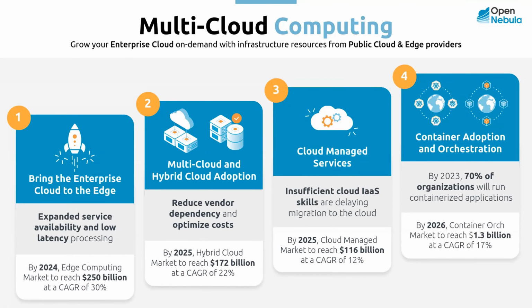Things like the gradual expansion of enterprise clouds to the public cloud first, and then to the edge environments. Adopting a multi-cloud approach and a hybrid cloud approach to make sure that the workloads can operate in different providers, different locations, and making sure that you can move your workloads from one place to another.